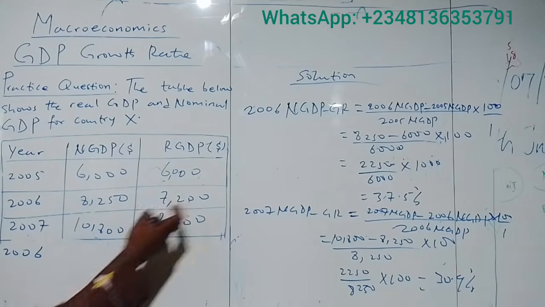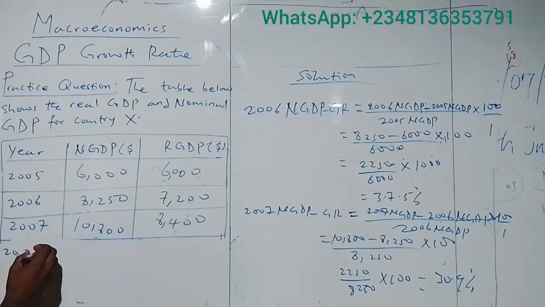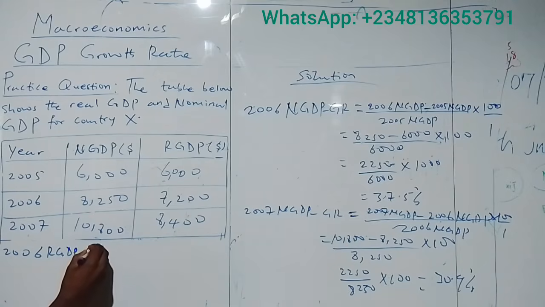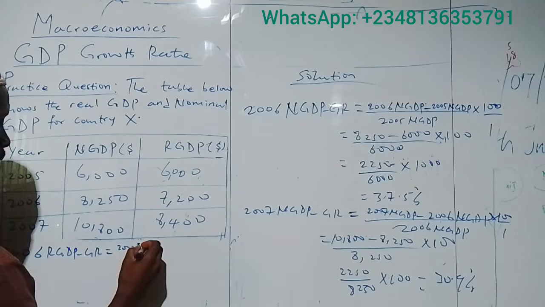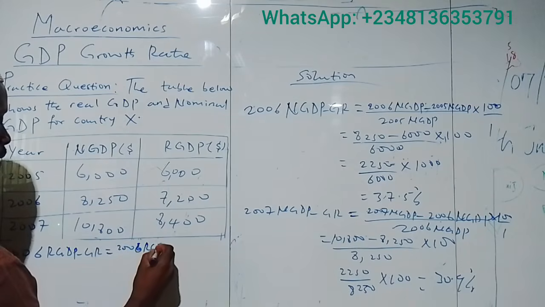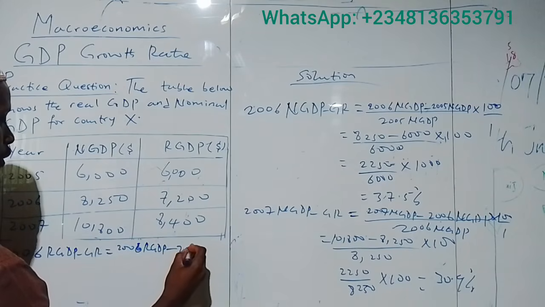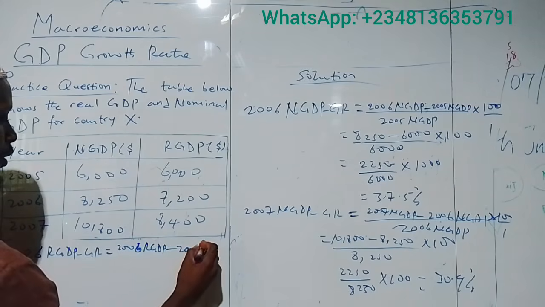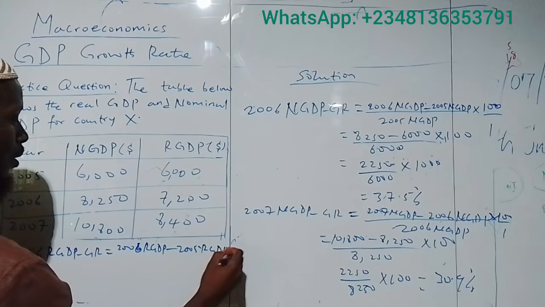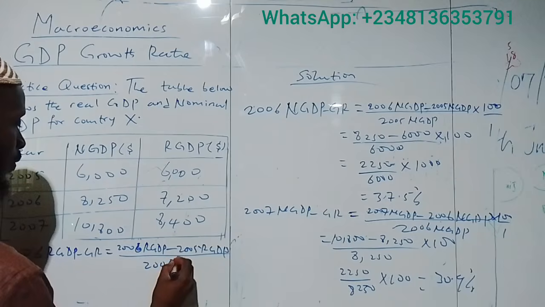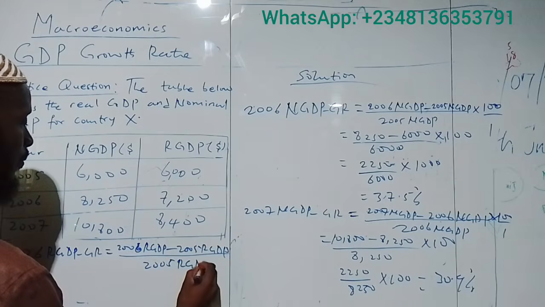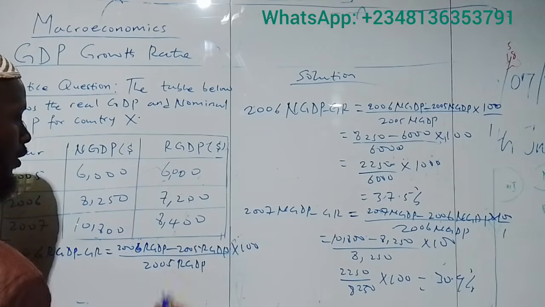For 2006, the real GDP growth rate will be the current year 2006 real GDP minus the previous one, 2005 real GDP, divided by the previous 2005 real GDP, multiplied by 100.